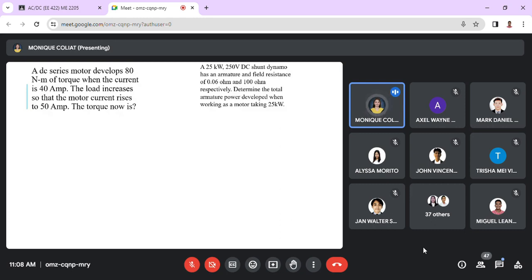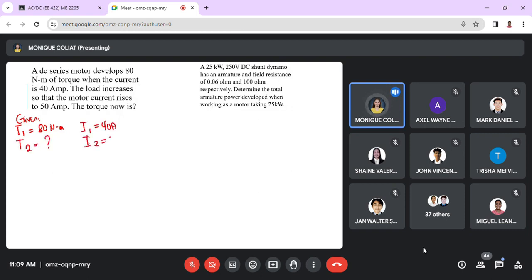The torque now is? Okay, let's first put the givens. We have torque 1, 80 Newton meter. Then the current then was 40 ampere. What is the torque when the current became 50 ampere?